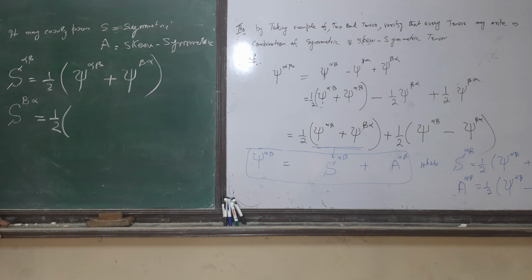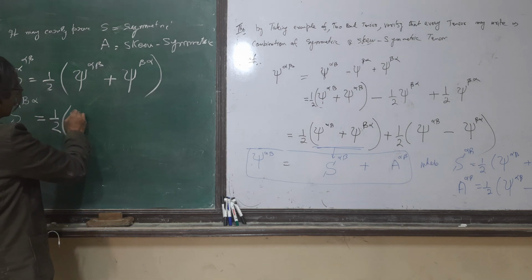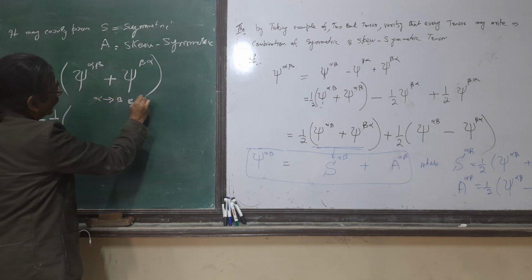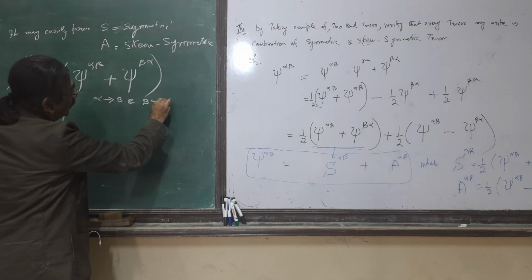Alpha and beta are free indices; if I replace all free indices in each term, in the resultant they will remain the same. That I have described in the previous lectures. I have replaced alpha with beta and beta with alpha.